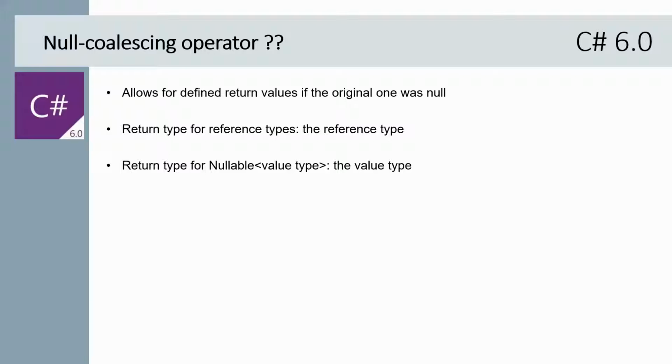But basically what it does is if the left side of the coalescing operator is null, then it will execute the right side of the operator, whatever that is in this case.